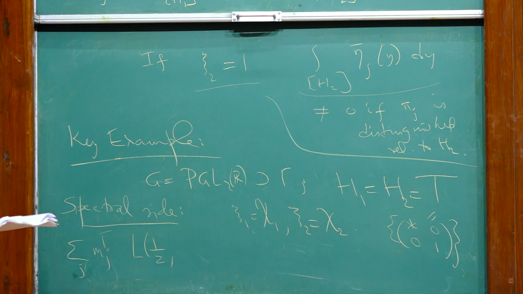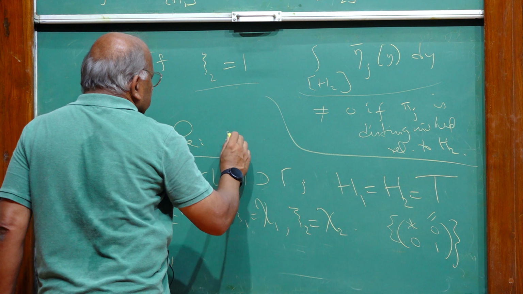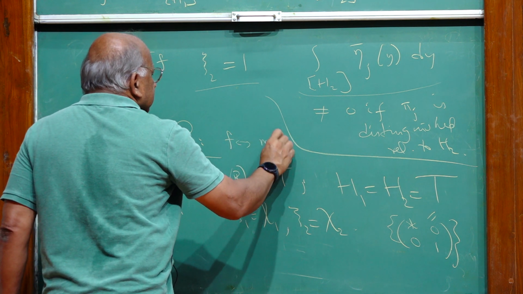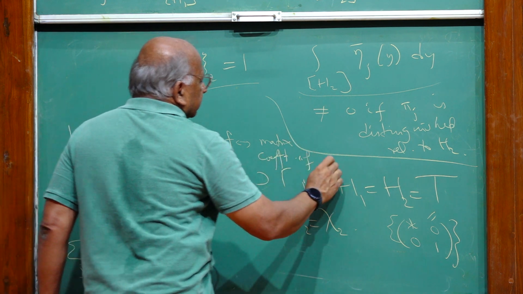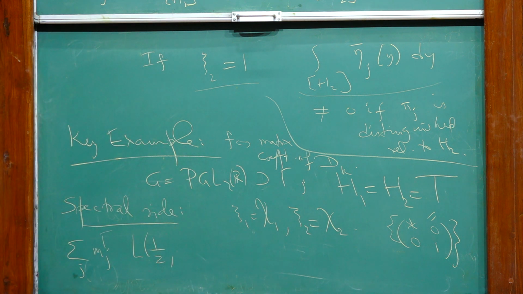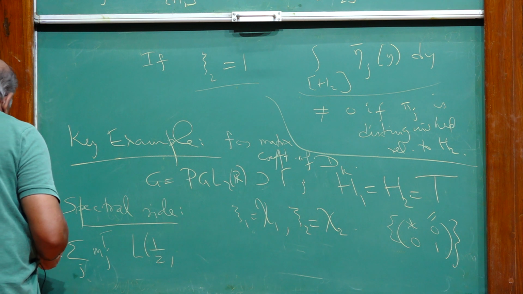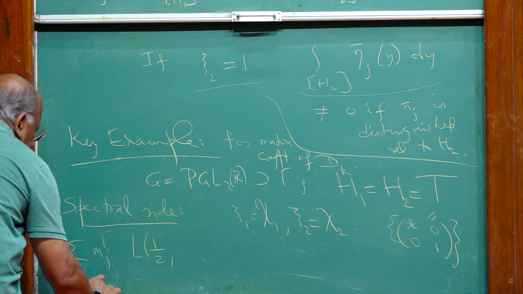The other thing I have to do is choose my function. I'm going to choose this function to be given by a matrix coefficient of a discrete series of weight k. Then essentially you get the sum over weight k cusp forms.